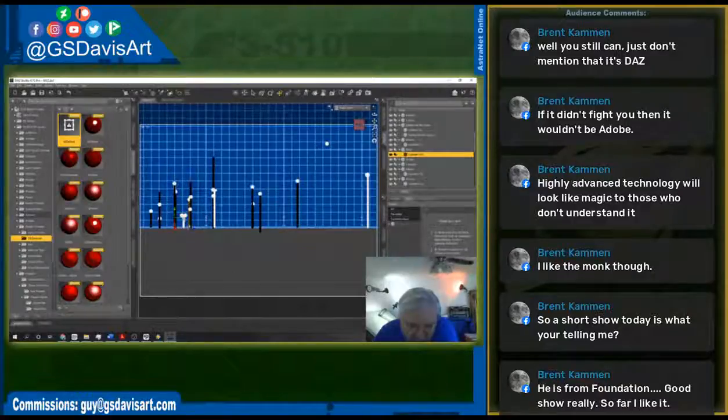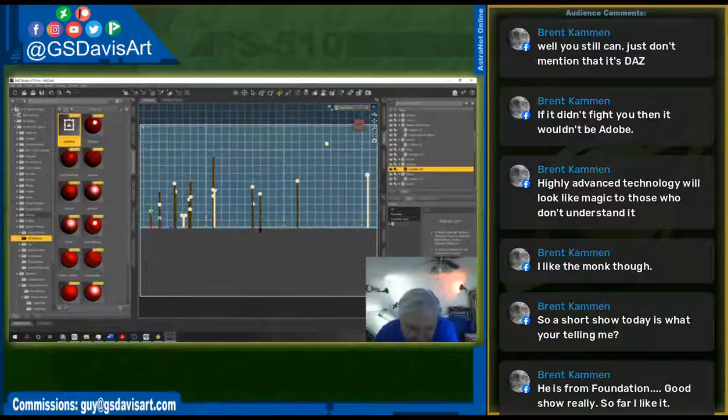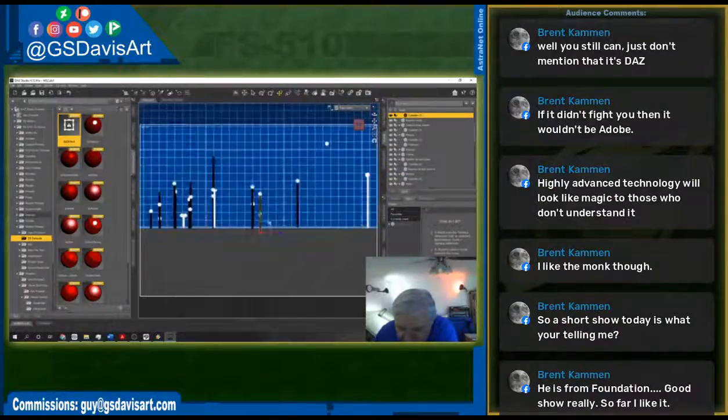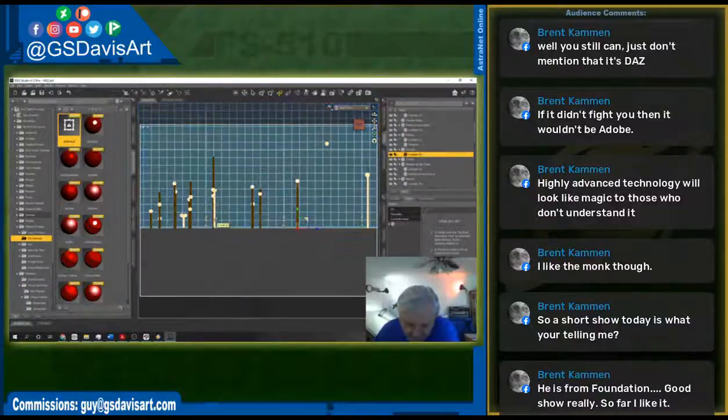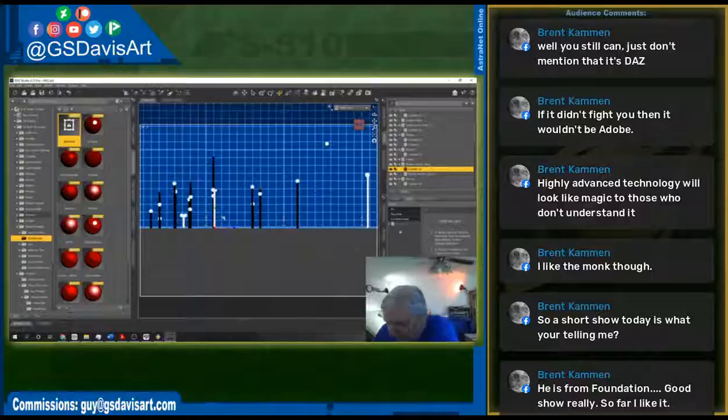Anyway, the magic values. Bellatrix Rising has adopted some of the things from the card game that I've been making for years and years and years. And in the card game, there was a function for magic.